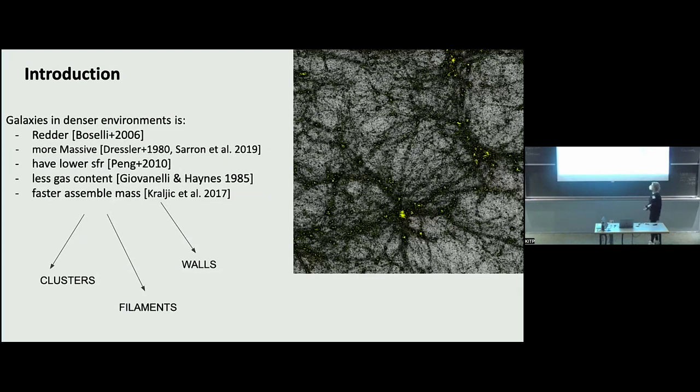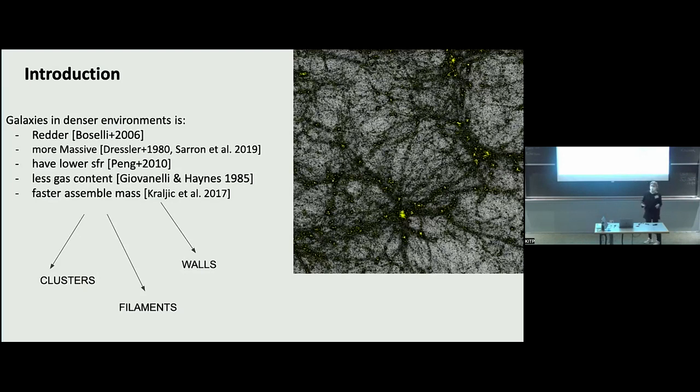So galaxies in denser environments, such as clusters, are redder, more massive, have lower star formation rate, and so on. And today we also know that galaxies in filaments and walls have different properties from the galaxies in clusters and galaxies in the voids.